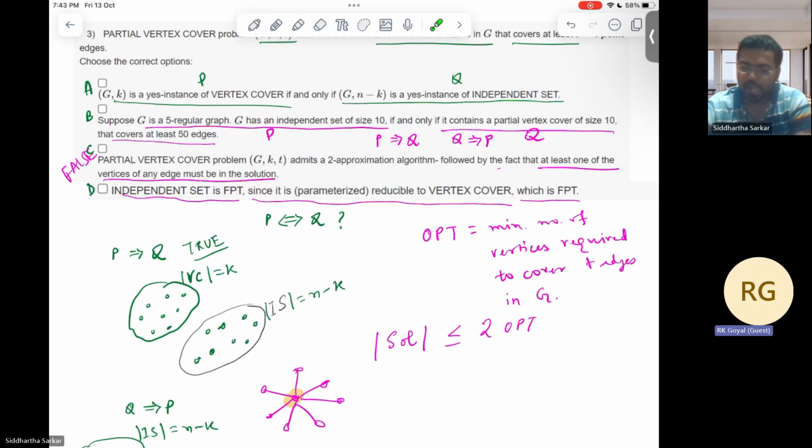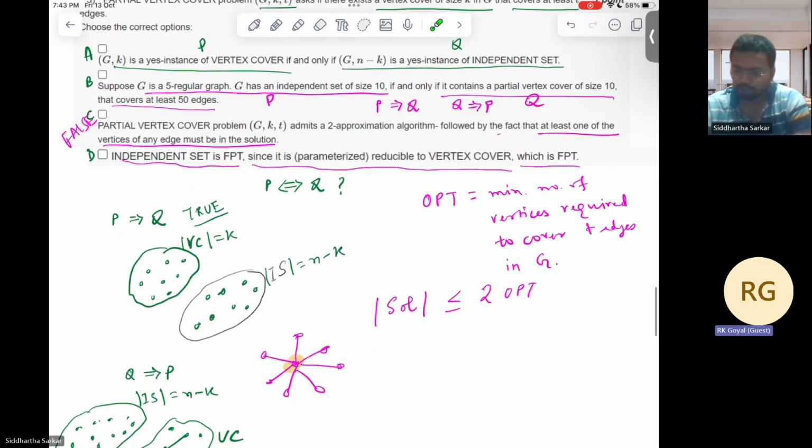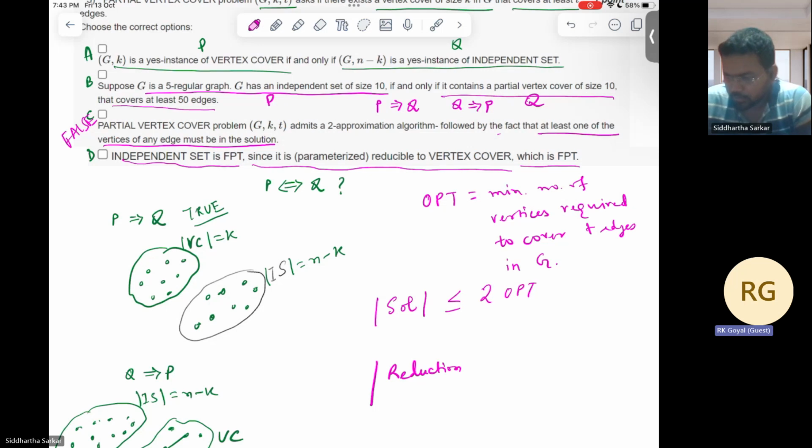Yes. So probably there is no importance of n minus k here, because this is a mechanism that if I can find a vertex cover of the size k, then there would definitely be an independent set of the size n minus k. So where is this parameterized reduction? Let's look at it. What is the reduction algorithm?